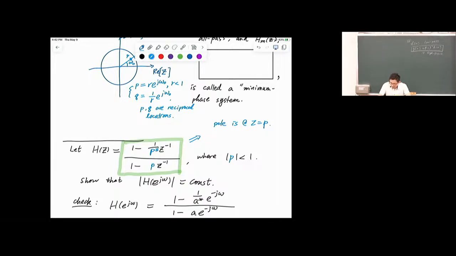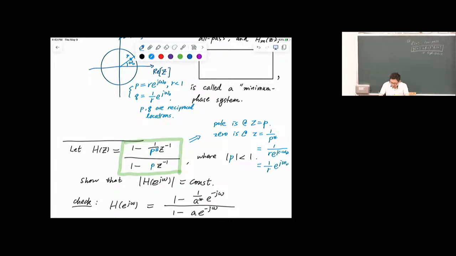And the system zero is located at z equals 1 divided by p conjugate. 1 divided by p conjugate is 1 divided by r e^(-j omega 0), so that's 1 over r e^(j omega 0).